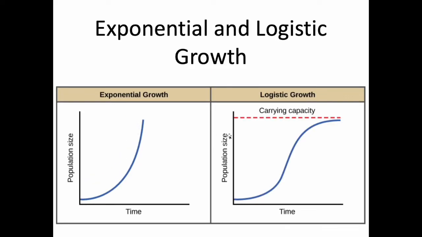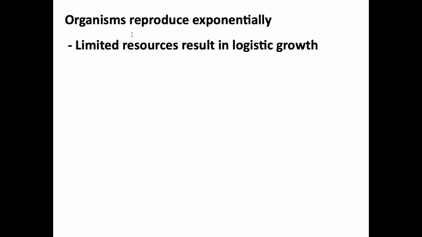However, as we saw, it tends to level out and not go onwards to infinity. What we're experiencing here in real life, this type of growth curve is not exponential. It is called logistic growth. So organisms reproduce exponentially, but because of limited resources, what we end up with is logistic growth, not exponential growth.